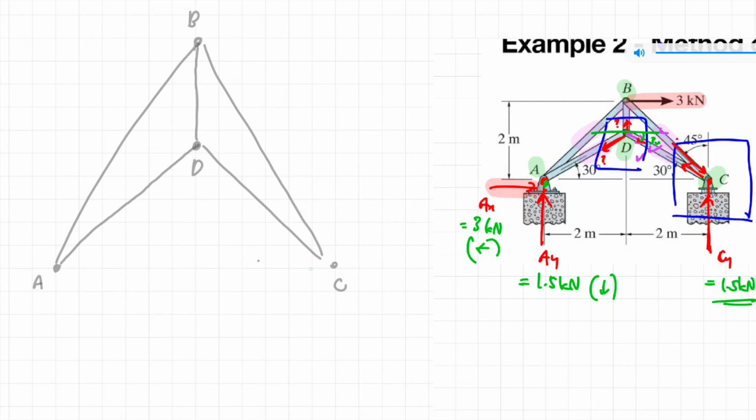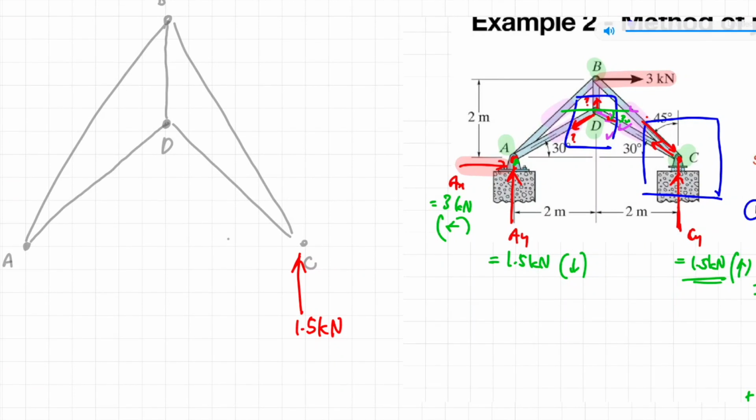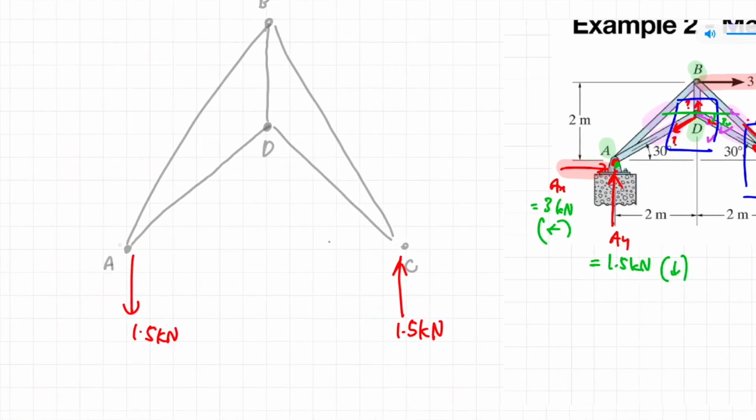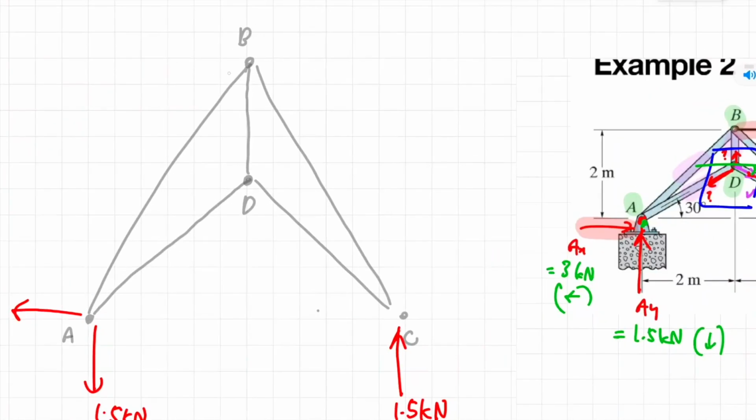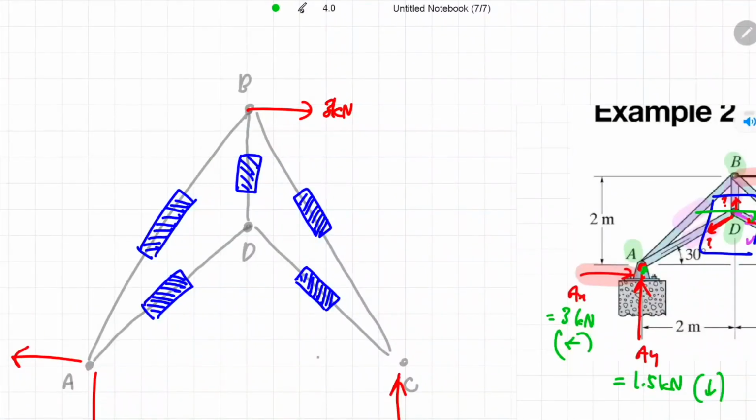Now we know there is an external force at joint C with a magnitude of 1.5 kilonewton pointed upward, and there's also an external force at joint A with 1.5 kilonewton magnitude pointed downward, and the AX is pointed to the left with a magnitude of 3 kilonewton, and at joint B, there's 3 kilonewton acting in the positive X direction. Now let us roughly draw the truss members between each joint. I'm going to use this blue marker and fill up with hatches like this. Okay, looks neat.